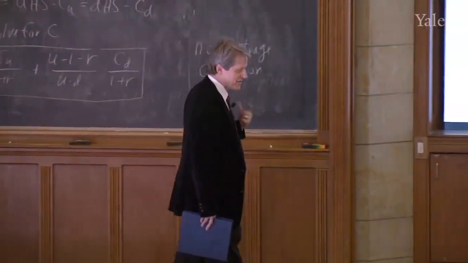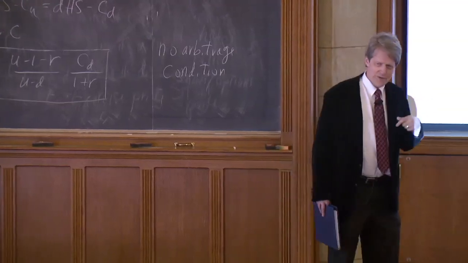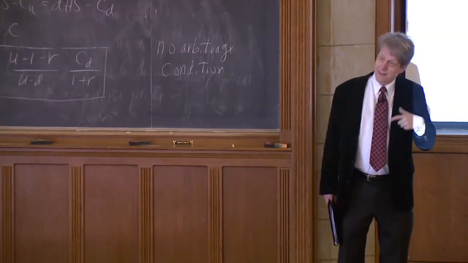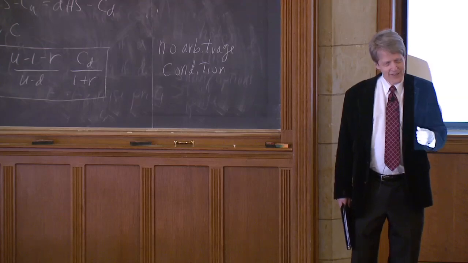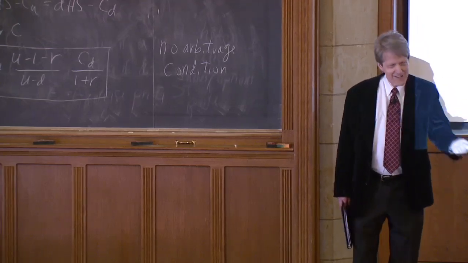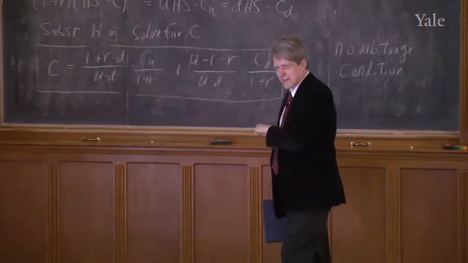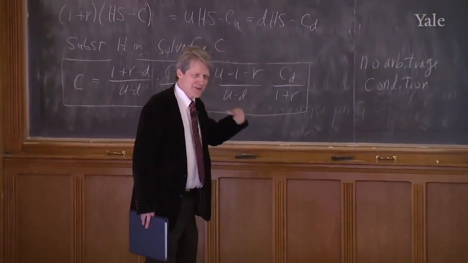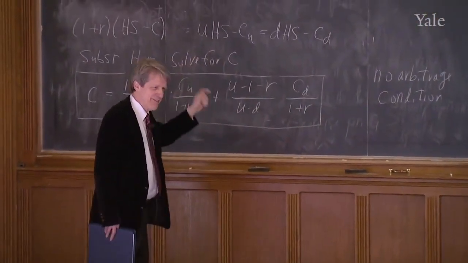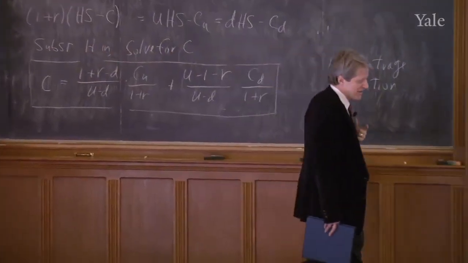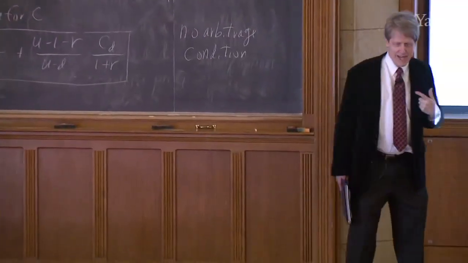Suppose the riskless rate is 5% and I can make 6% risklessly. Then I will borrow at the riskless rate and put it into the 6% opportunity, and I'll do that forever. There's no limit to how much I'll do that. It's too much of a profit opportunity to ever happen.